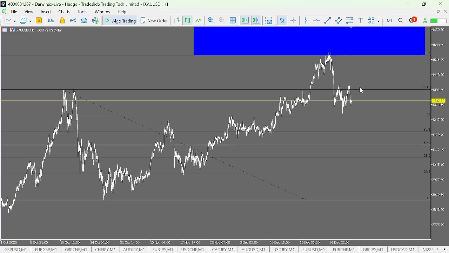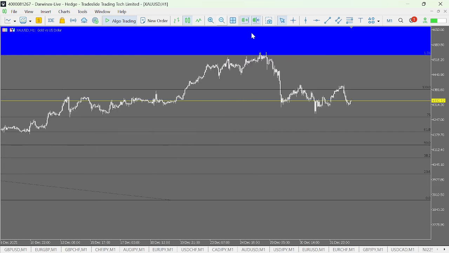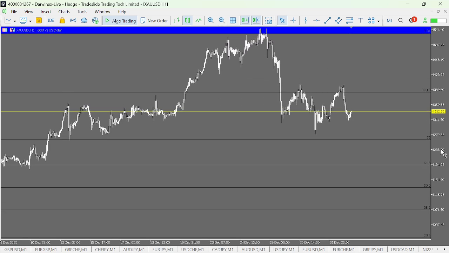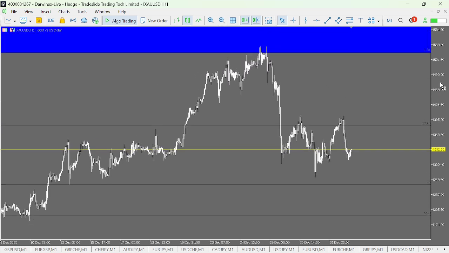So what's happening here now? All right, let's get closer. Let's analyze this market structure. What do we see? Impulse, retracement, impulse, retracement. We see that this is my high and this is my low. Then it moved and made another high here.